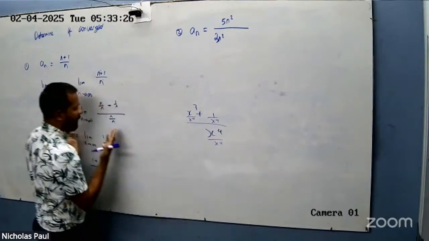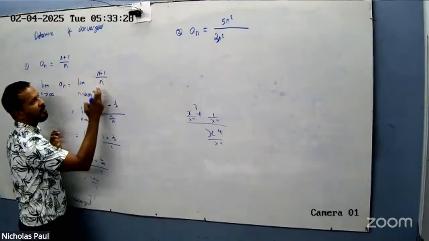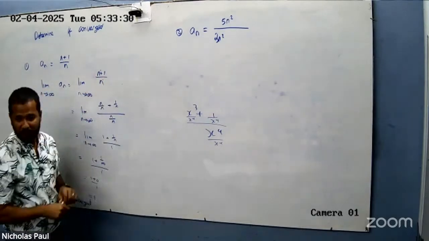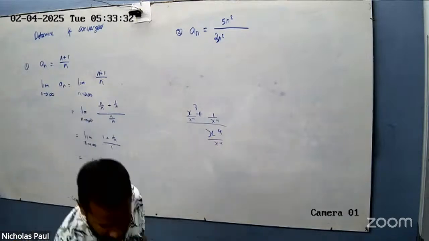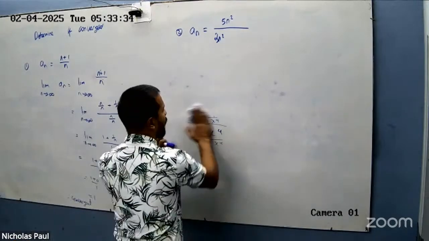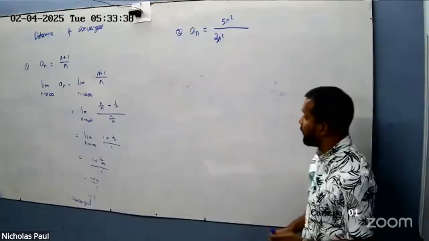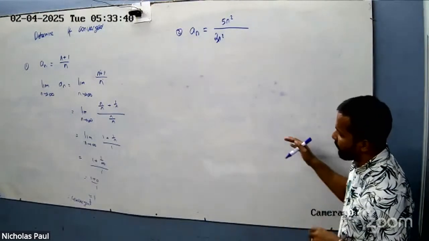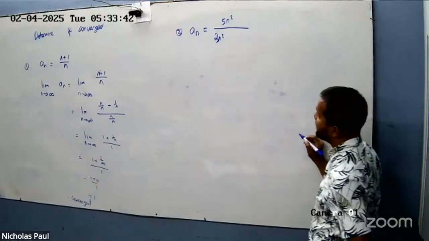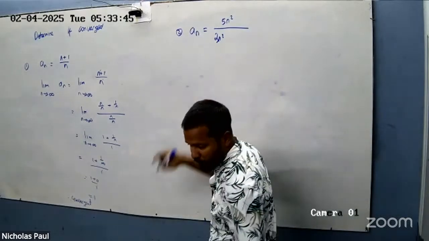Here, the highest power is n, so you're dividing everything by n. The wording was a little off in that. You're dividing every term by the term with the highest power.